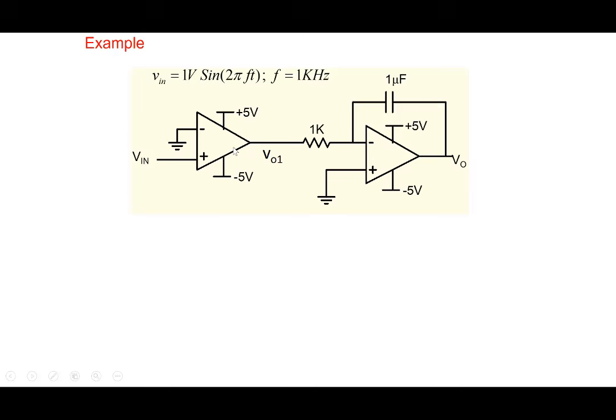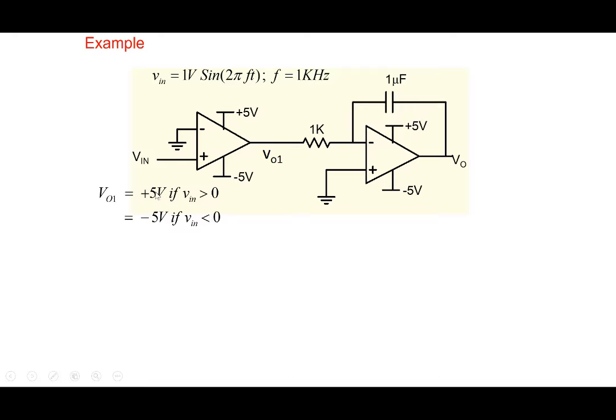So let's look at an application of a comparator. Suppose we have a sinusoid, and this circuit is acting like a comparator. We feed it into the non-inverting terminal here, and this next stage we can recognize as an integrator. The output voltage is going to be plus 5 the moment V in becomes greater than 0, and minus 5 when V in is less than 0.